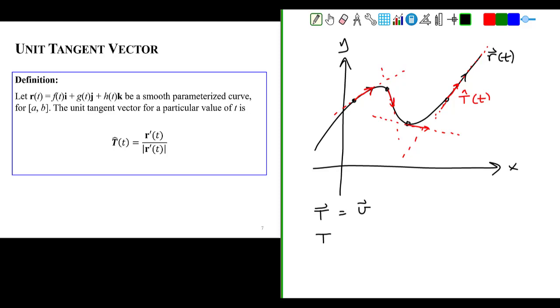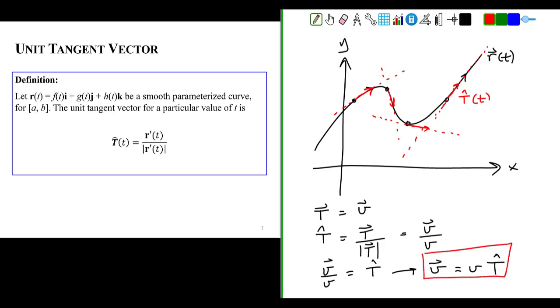Now, since we define the unit tangent vector as being the unit vector in the direction of the tangent vector at any point on the curve, and since the unit tangent vector is just the velocity of the vector over the magnitude of the velocity of the vector, by rearranging this definition we could say that the velocity of a curve at any point is tangent to the curve at that point.